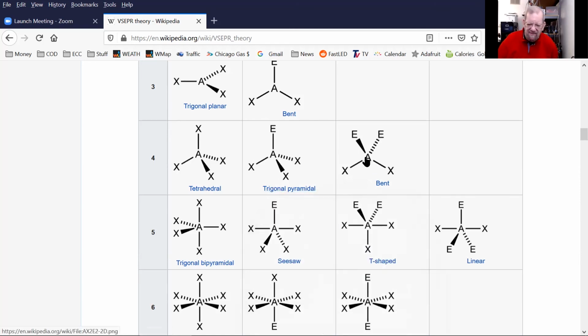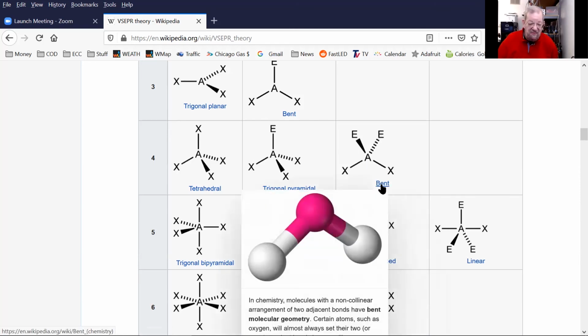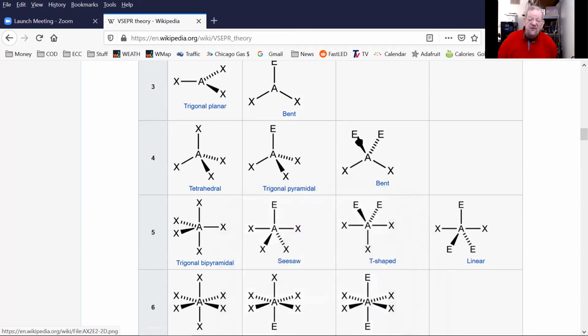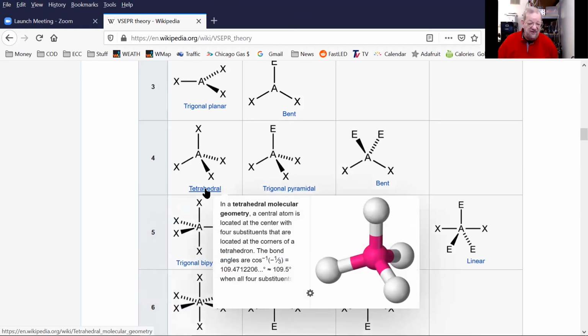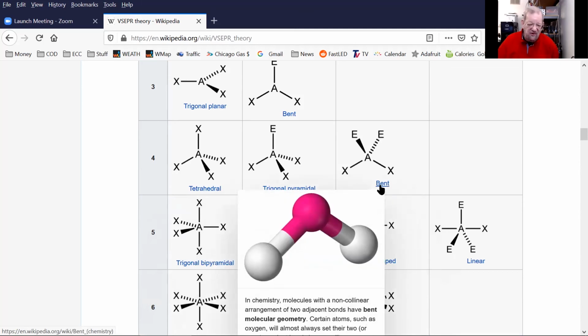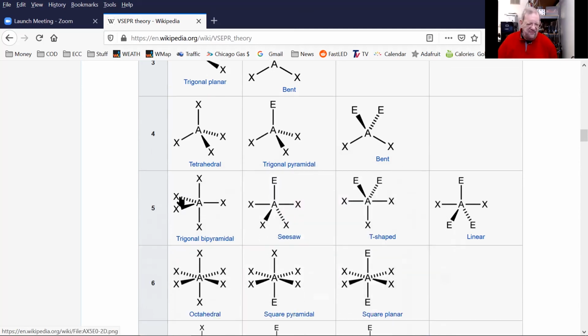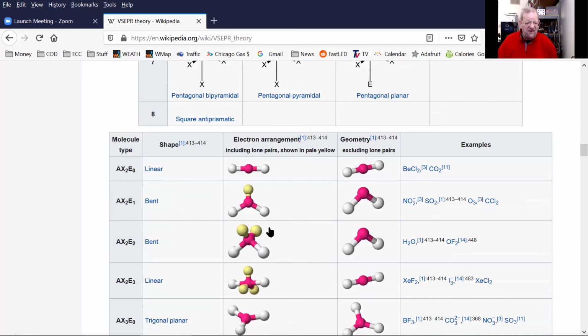Now, water, and you see the pretty picture, has 2 pairs of non-bonding electrons on the oxygen and 2 pairs of single bonds. And water has the shape of bent. Trigonal looks like this. Tetrahedral looks like that. Oh, those pretty pictures. We use those in organic more than inorganic. And there's bent. And that causes the shape.